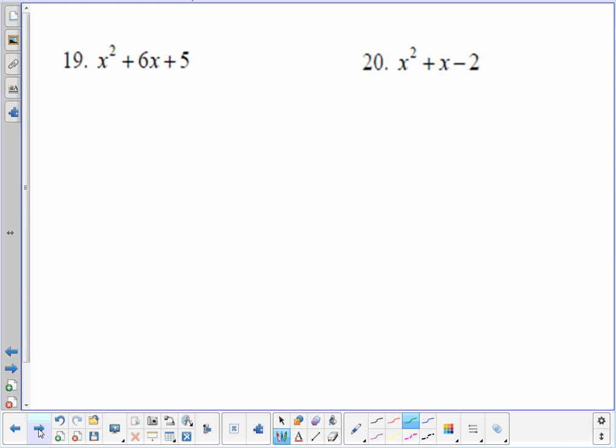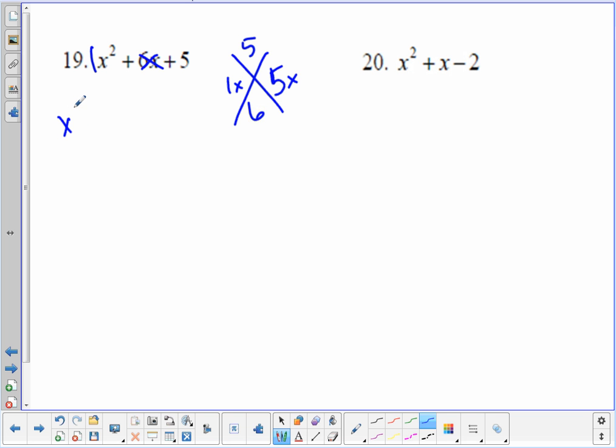Okay, 19. In 19, I have x squared plus 6x plus 5, and I don't have a GCF, so let's just start by setting up the factor x. I want a product of 1 times 5, which is 5, and a sum of 6. So the only way I can get a product of 5 is using 1 and 5, and 1 plus 5 does give me 6, so this is factorable, and that's what I'll split my middle into.